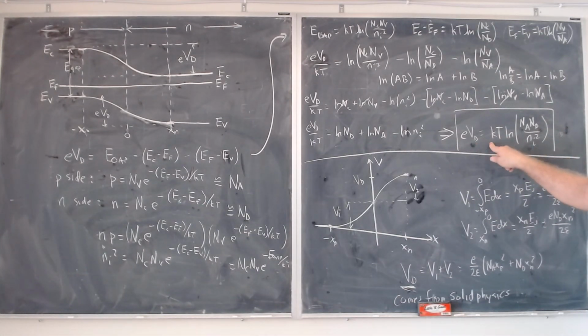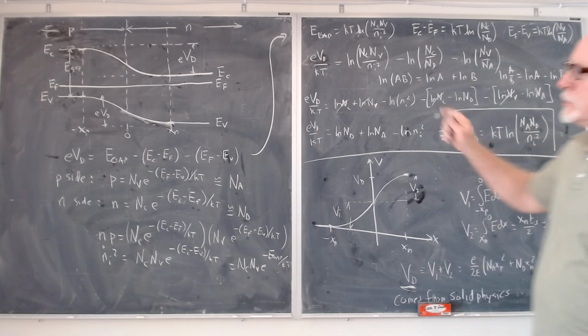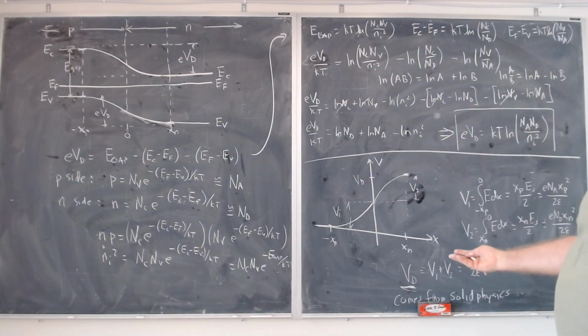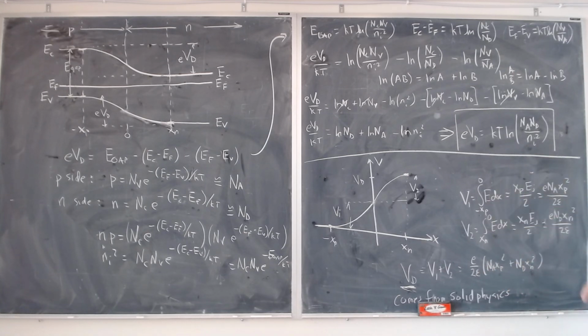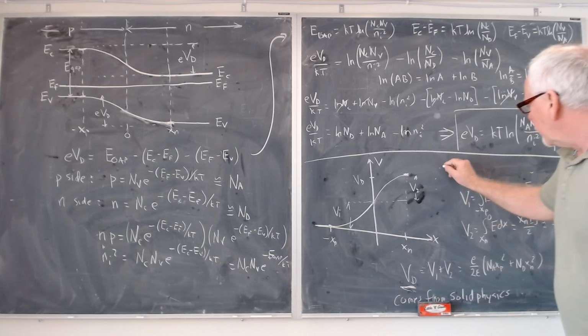So the doping level on either side determines what V sub D is. So this is actually where we start. And to a certain extent, it would be better to start here and then do the electrostatic analysis, because then you would see from the very beginning that this is the fundamental quantity. Now, the part of the electrostatic analysis I left showed that VD is also equal to this, right? But all that means then is that I can determine V sub D from the doping level, and then I can use that in those equations I erased.